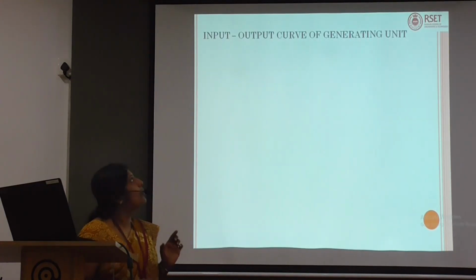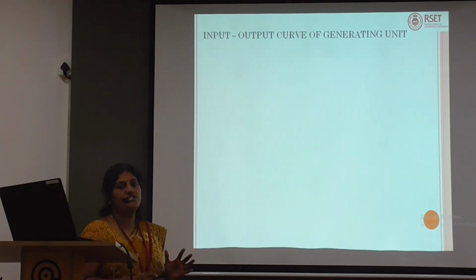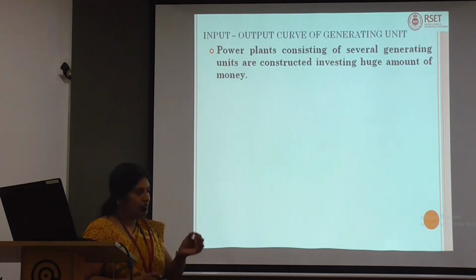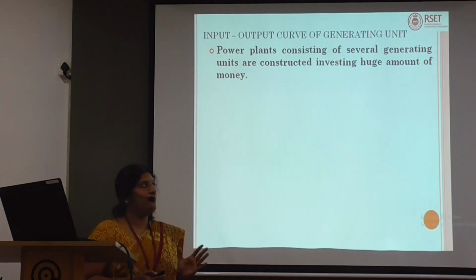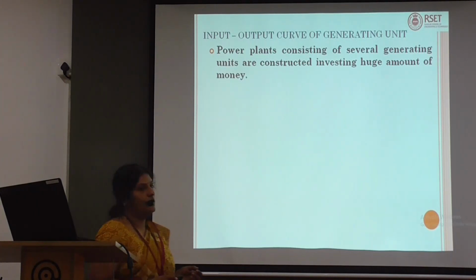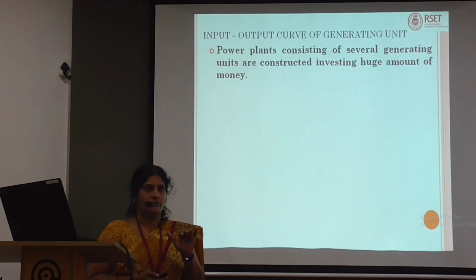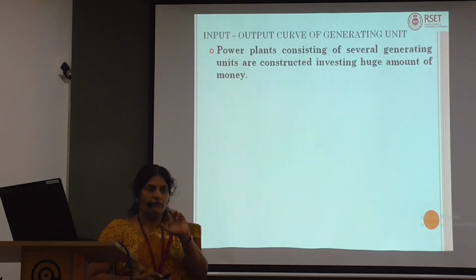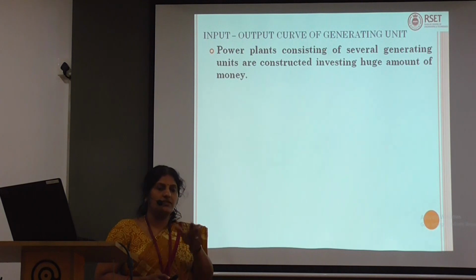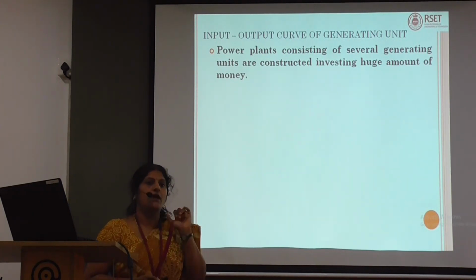Next we'll be moving to the input-output relationship, the input-output curve of the generating unit. We know that power plants have many different generating units within a plant. For example, in the case of Murumatam power plant, we have 6 units, each with 130 megawatts of generation, so the total installed capacity comes around 780 megawatts.